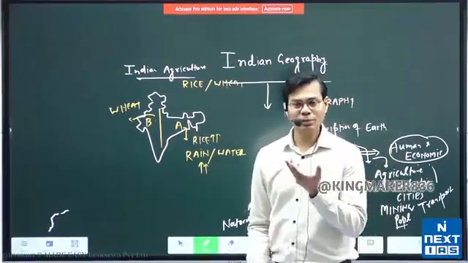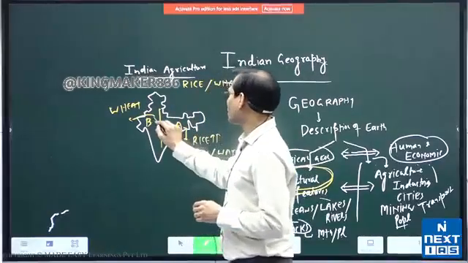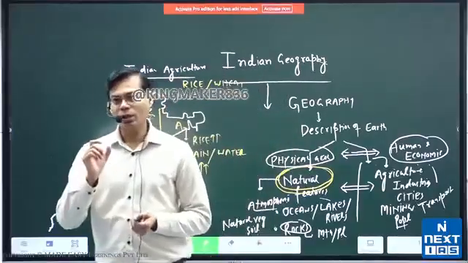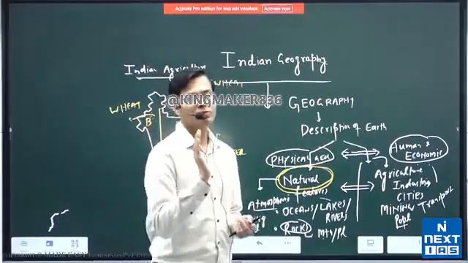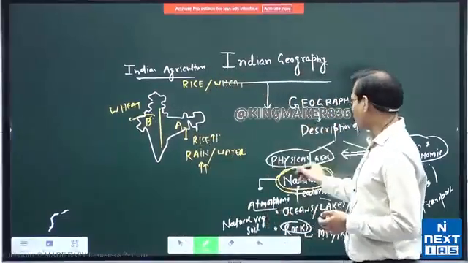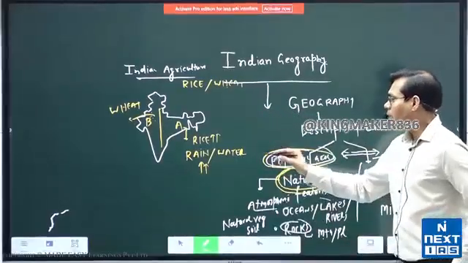Bengal is famous for rice, correct? On the contrary, wheat requires slightly less water, so naturally Western India is good for wheat. So we have to bring these natural aspects into the picture. That would be easy for us.